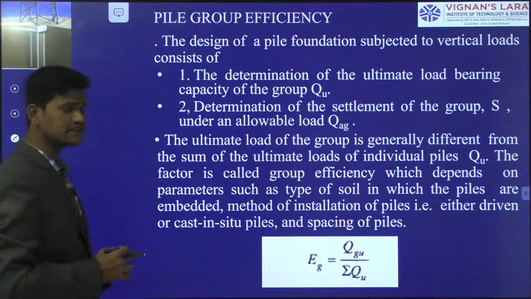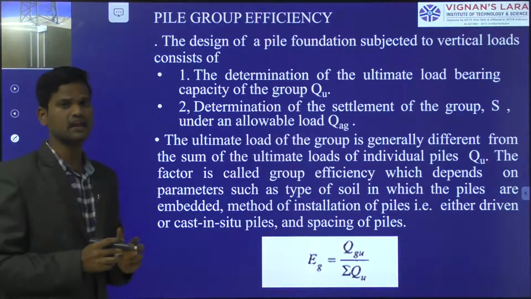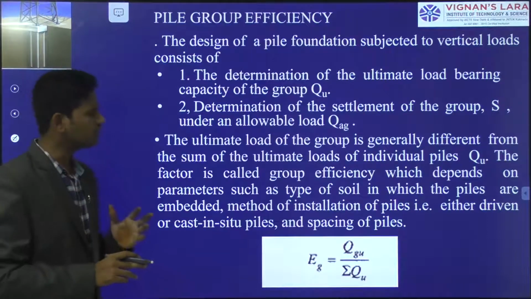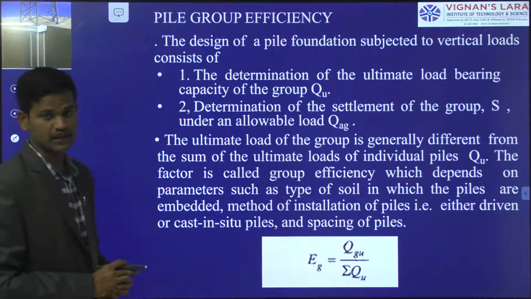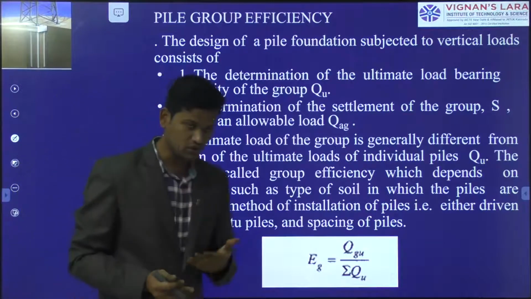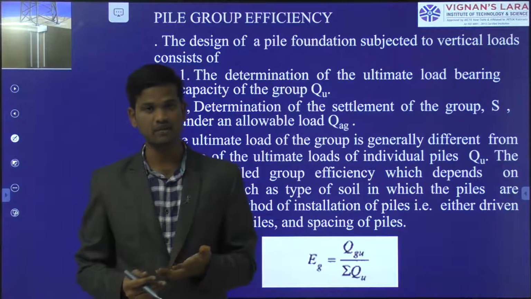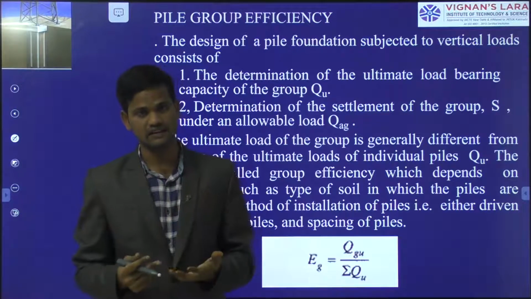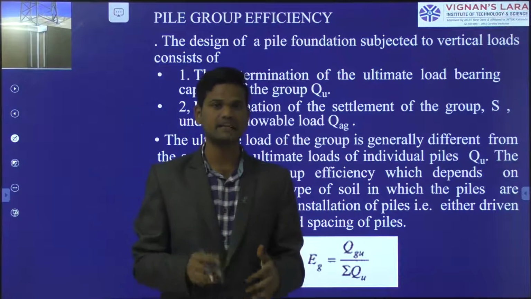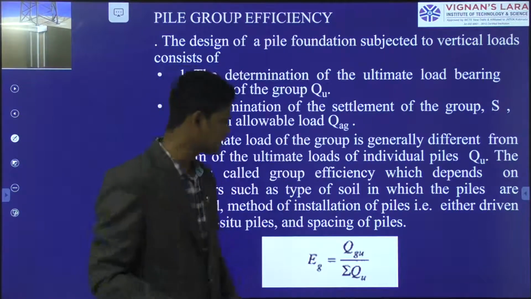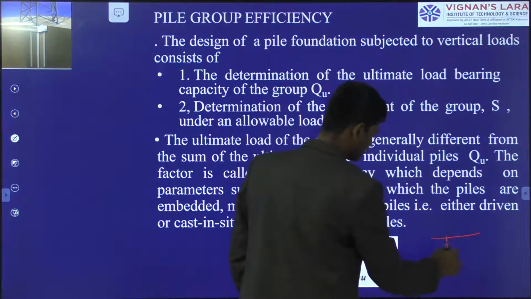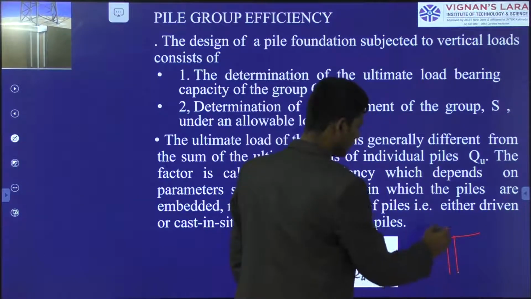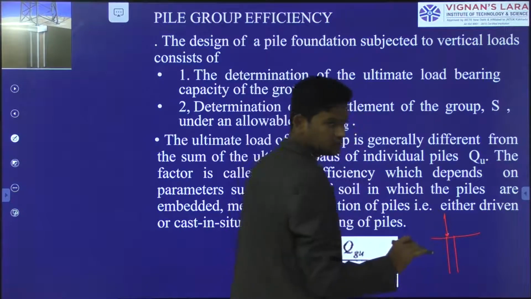Next, by keeping a number of piles in a group, the load carrying capacity of the piles may increase. That is called the group efficiency. Suppose the load carrying capacity of a single pile may be less compared to the number of piles inserted in the same type of soil mass. Suppose here I am taking the ground surface and I insert one single pile and apply some load.